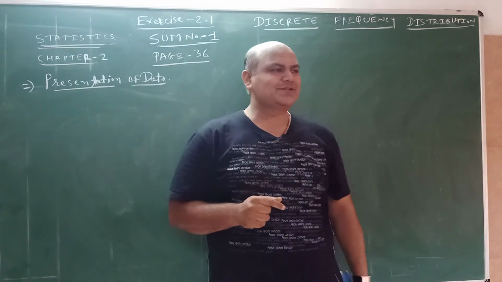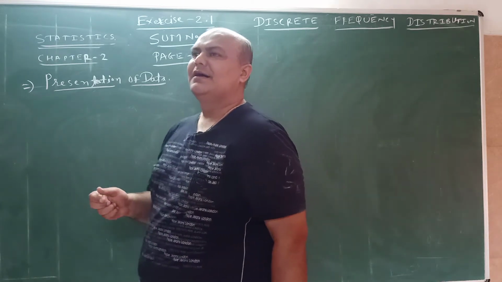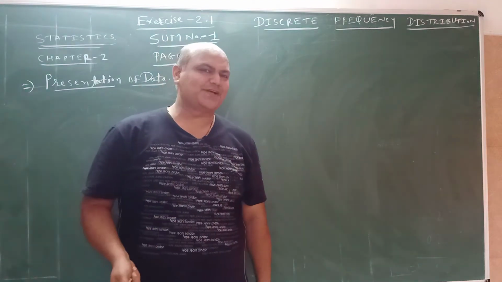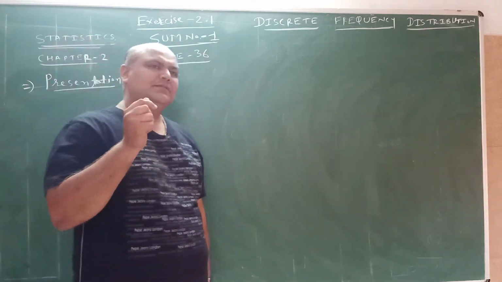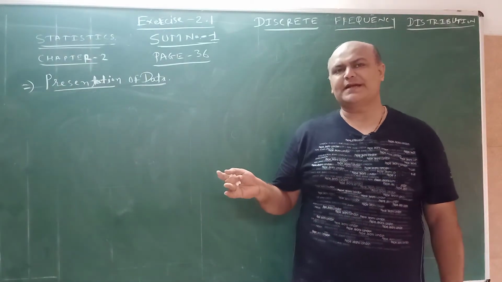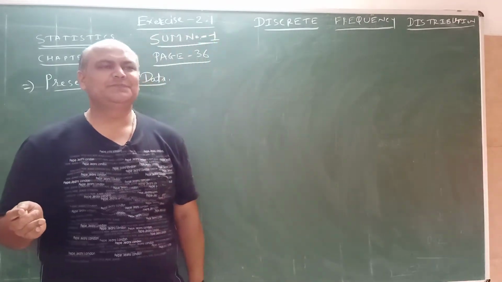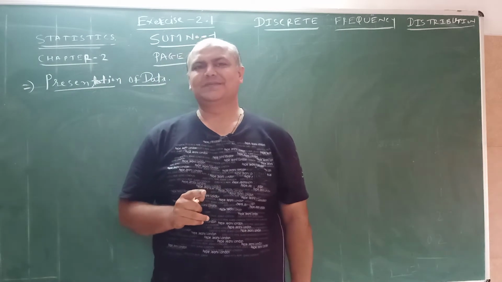In the last video lecture, students, I explained how to prepare the discrete frequency distribution. As you all are aware, quantitative variables are divided into two aspects: one is discrete variable and the other is continuous variable.